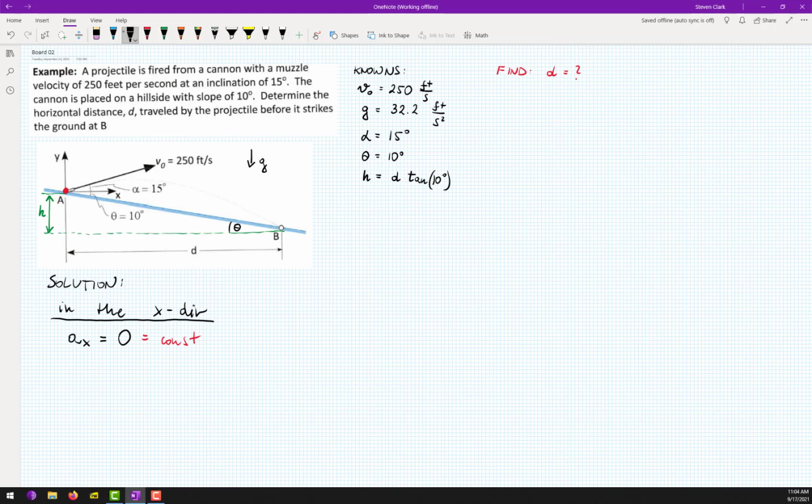So velocity, only if acceleration is constant, is v0x plus axt. And we already know that ax is 0. Let's find v0x and v0y. I have to do these projections, right?